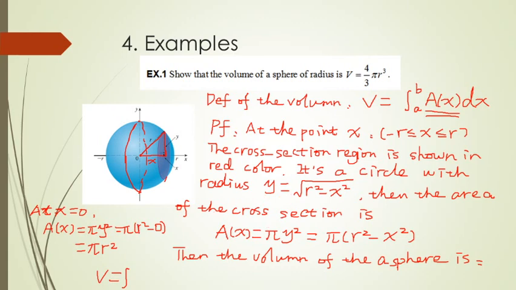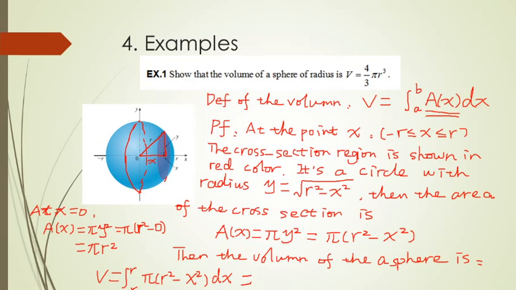Especially when x equals 0, the radius is r, so pi r squared. So the volume will be the integral from minus r to r. My area function is pi times r squared minus x squared, dx, and you take this integrand as a function of x.